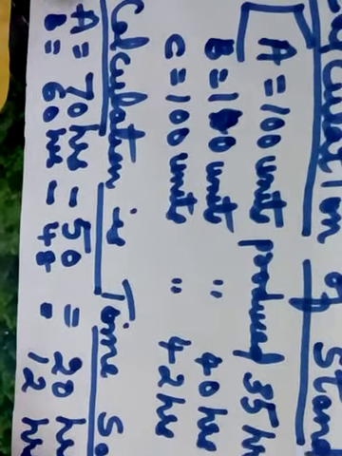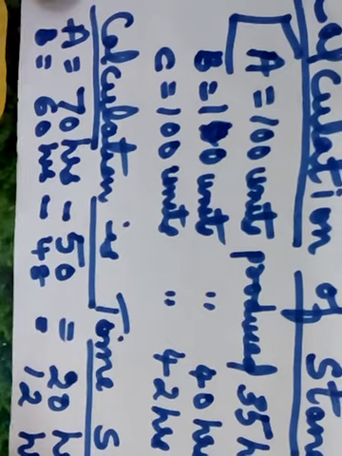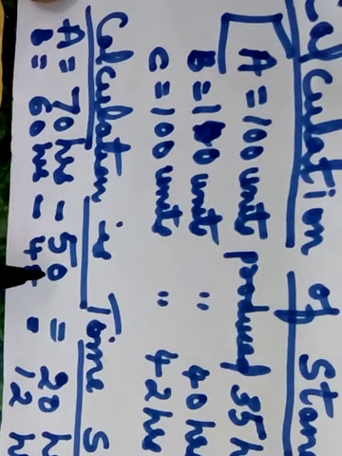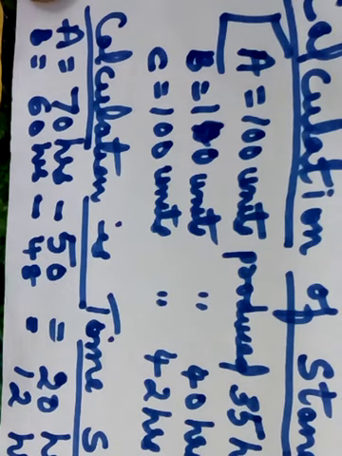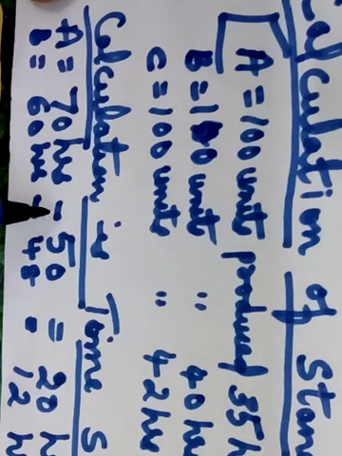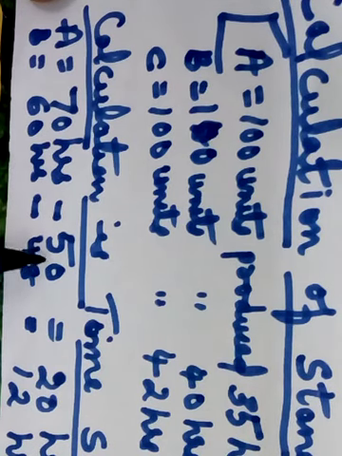Next there is a need for calculation of time saved, which is not given. Time saved is standard time minus actual time. In case of A, standard time calculated is 70 hours and the actual time taken by A is 50 hours, so the time saved is 20 hours.